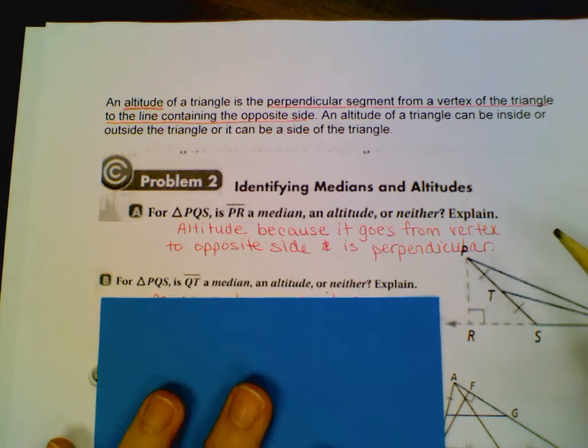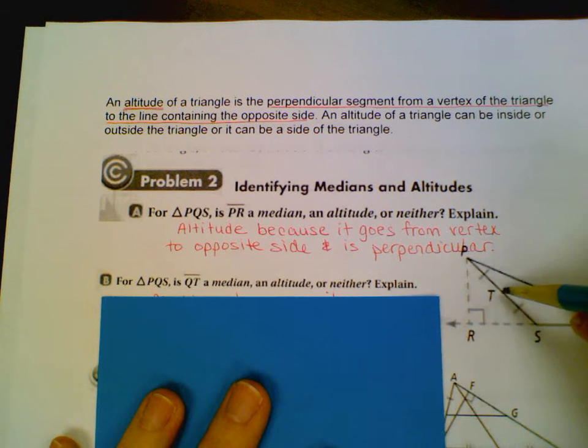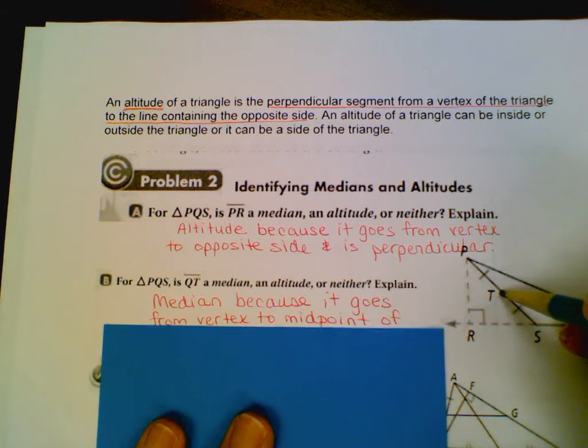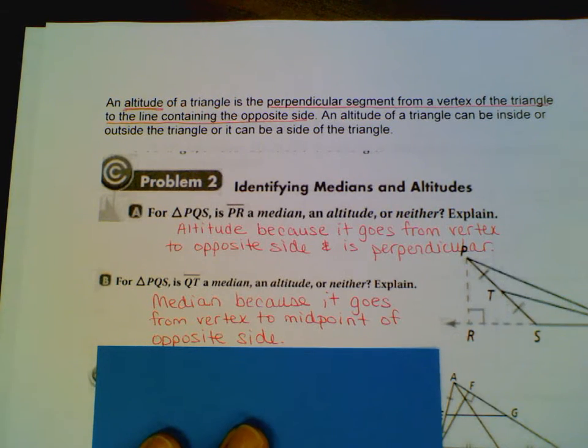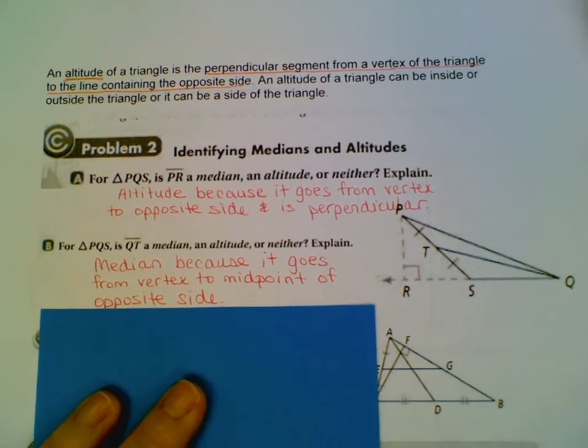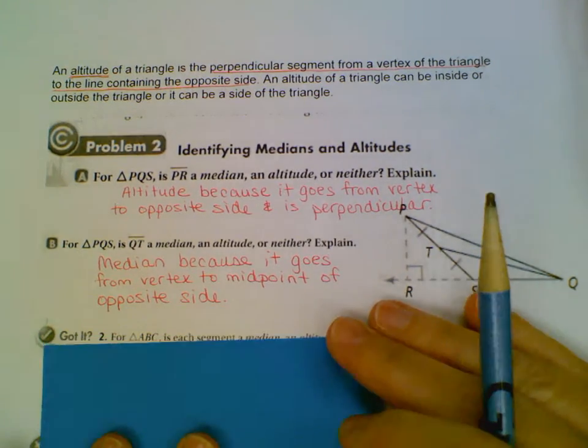Now let's look at the next one, QT. I see it goes from the vertex to the opposite side. Now I see these tick marks, which indicate these two are congruent and this has to be the midpoint. So it has to be a median because it goes from the vertex to the midpoint of the opposite side. I want you to pause the video and try the got it question.